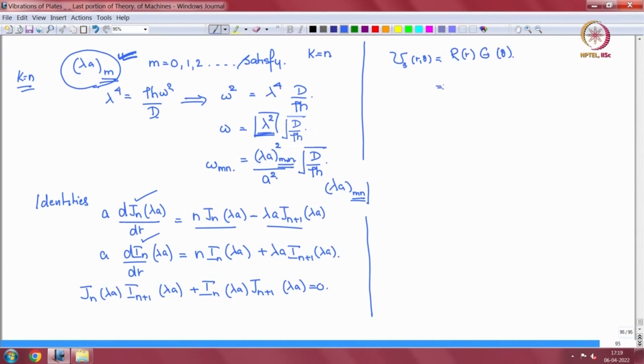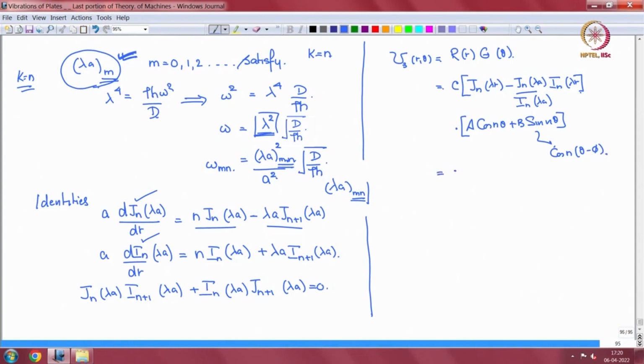That becomes equal to C times J_n(λr) minus J_n(λa) by I_n(λa) into I_n(λr), into A cos nθ plus B sin nθ, or we can write this as cos(nθ minus φ).